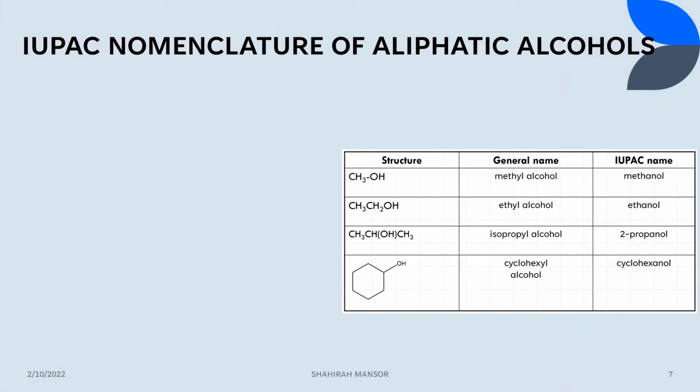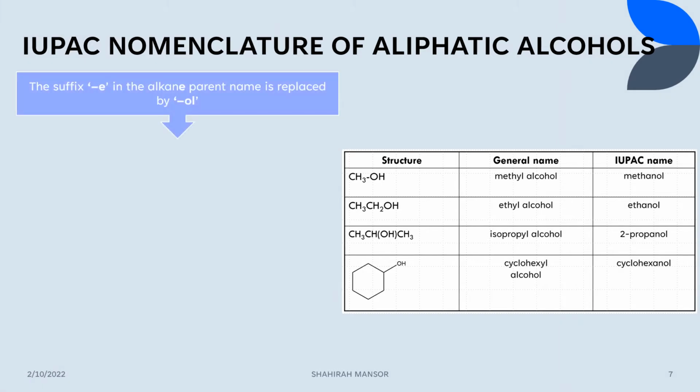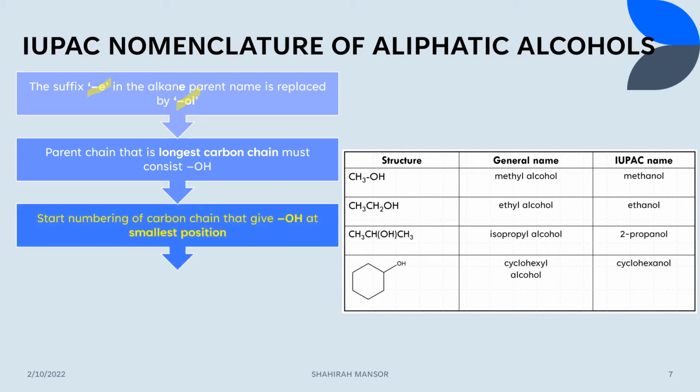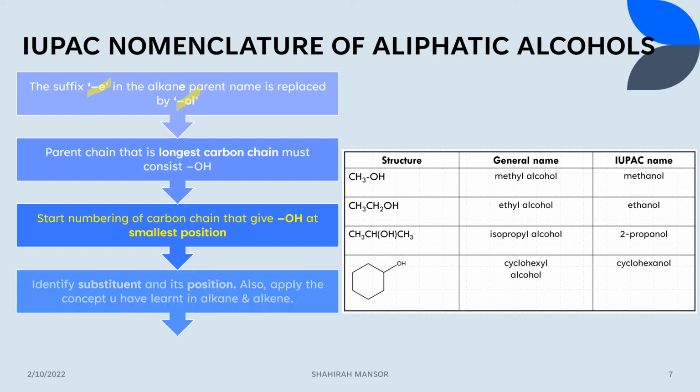These are the steps to give naming for aliphatic alcohol. Firstly, we have to substitute the suffix "e" in alkane with "ol", because all alcohol names end with "ol". Secondly, the parent chain must be the longest carbon chain that consists of OH. Then start numbering of the carbon chain on the parent that is closest to the OH.